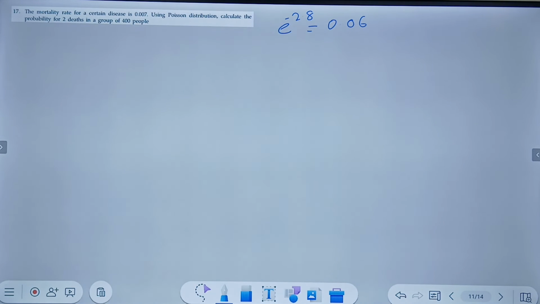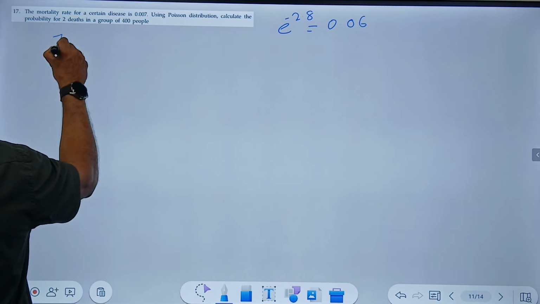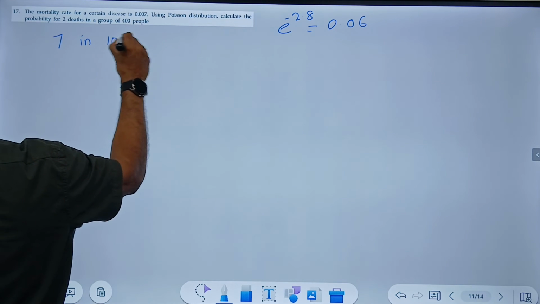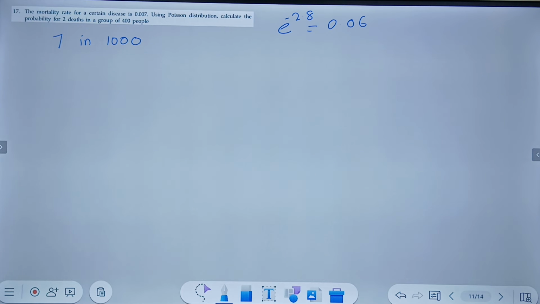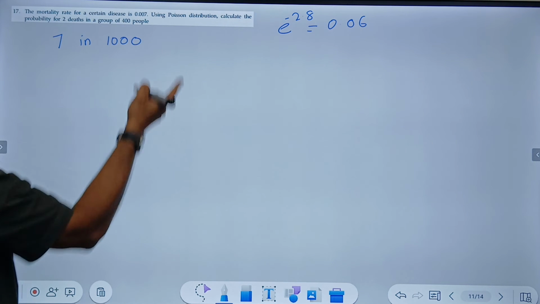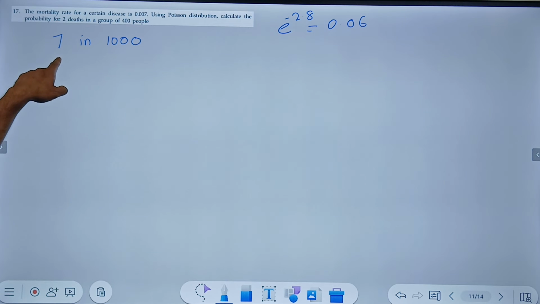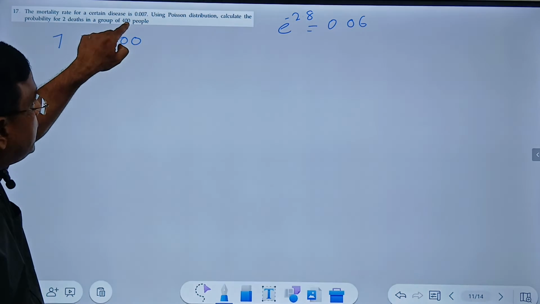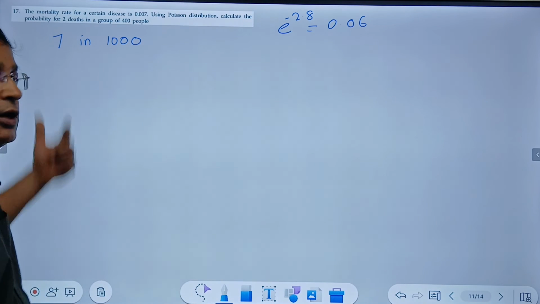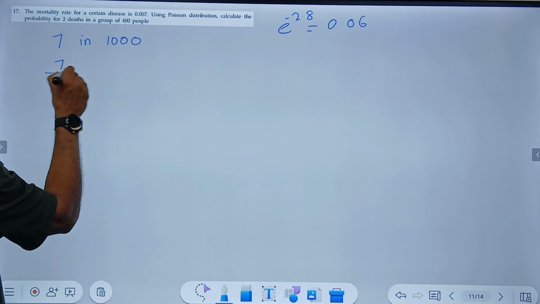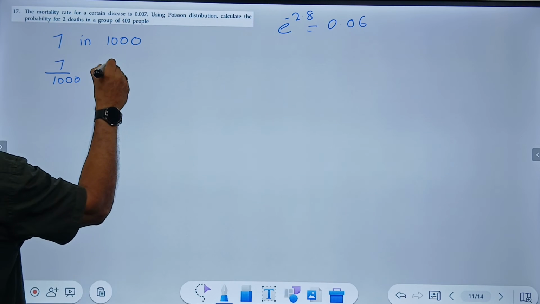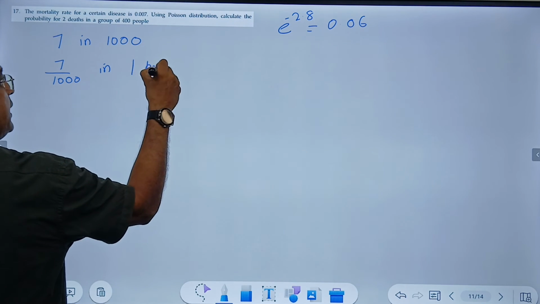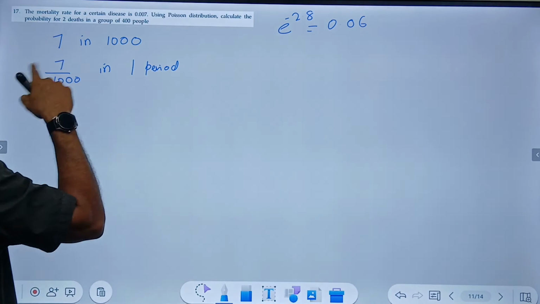Now question number 11. The mortality rate of a certain disease is 7 in 1,000 people. Using Poisson distribution, calculate the probability of 2 deaths in a group of 400 people. If the question was in a group of 1,000 people, my lambda would have been 7. But here you want me to calculate in a group of 400 people. So what do I do? Out of one person, 7 by 1,000 will die.